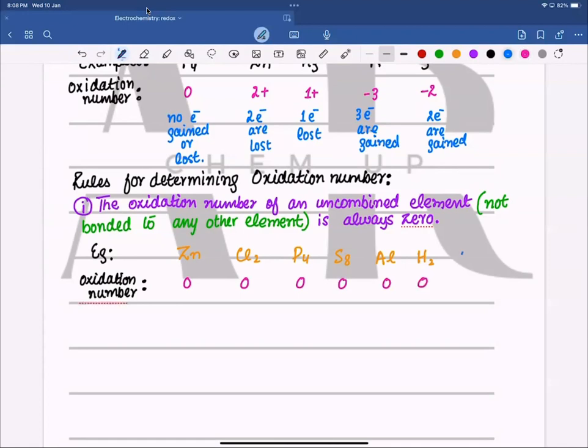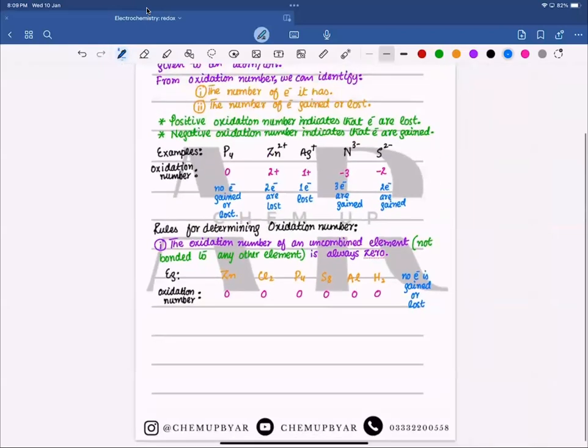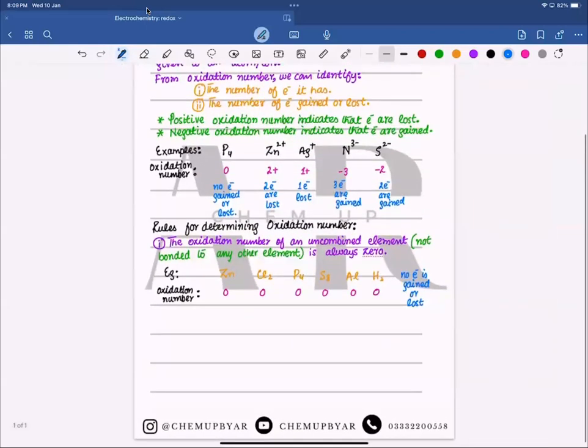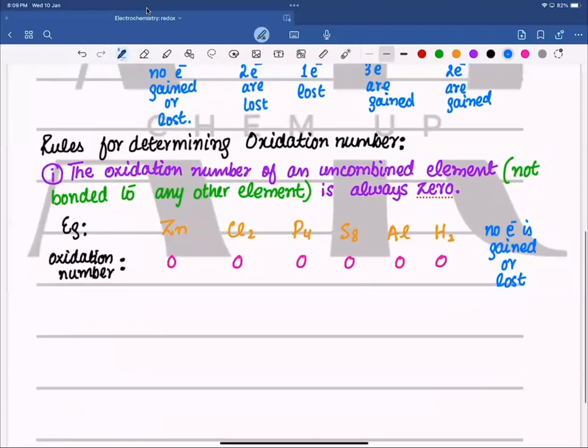And it also means that no electron is gained or lost. Is this clear to all of you? Yes, sir. If any one of you have any confusion, please ask.